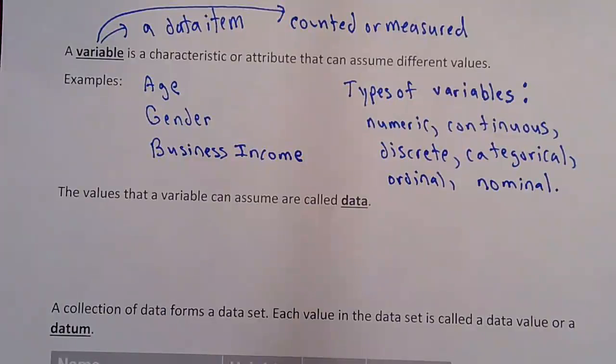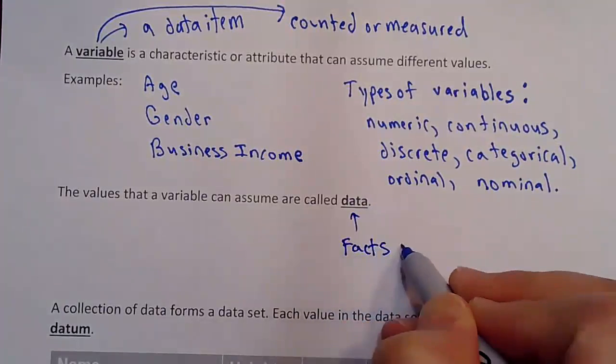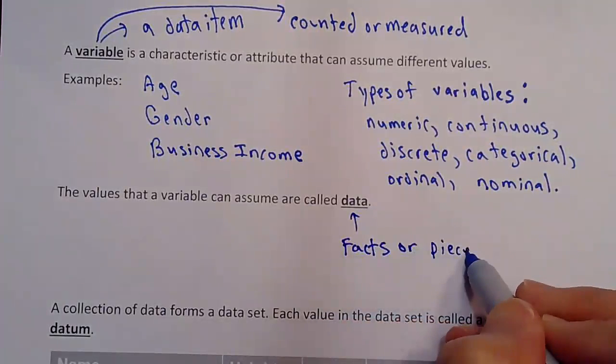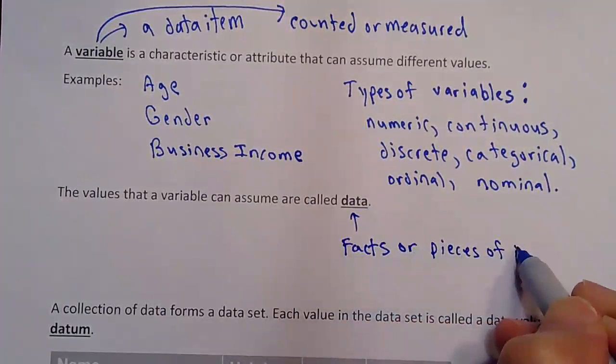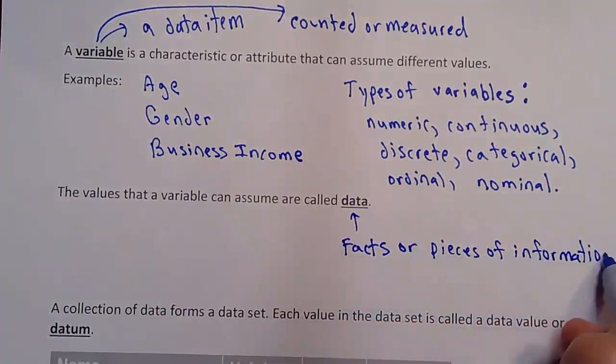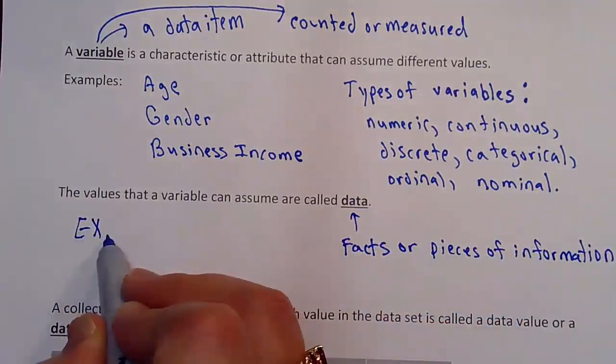Then we have here that the values that a variable can assume are called data. Data is defined as facts or pieces of information. There were some examples here.